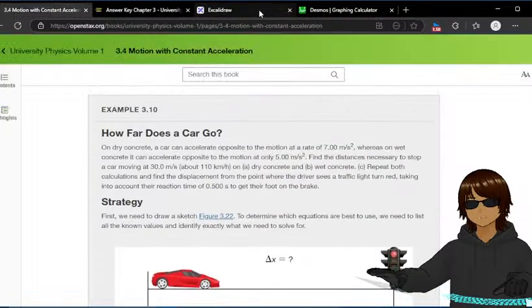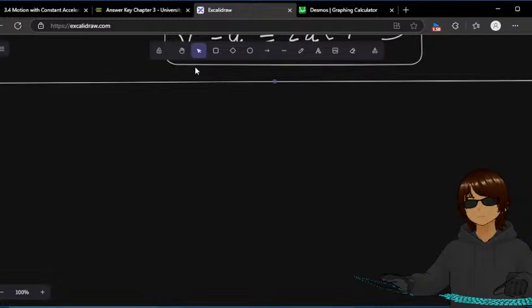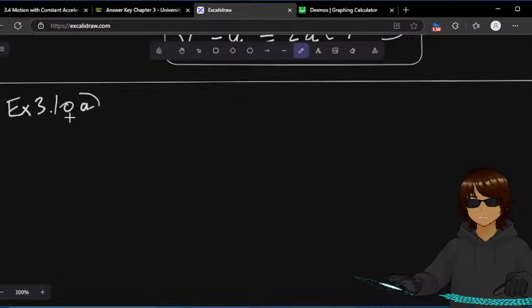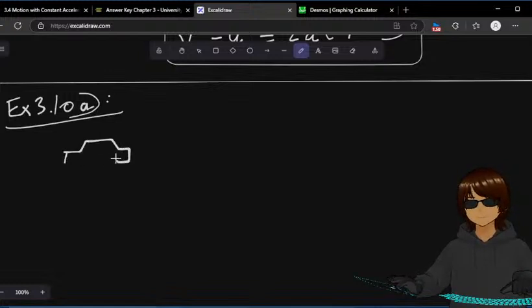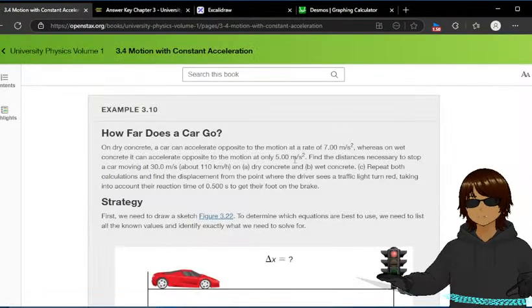This is example 3.10a. So the acceleration looks like backwards 7 meters per second squared. Find the distance necessary to stop a car moving at 30 meters per second.